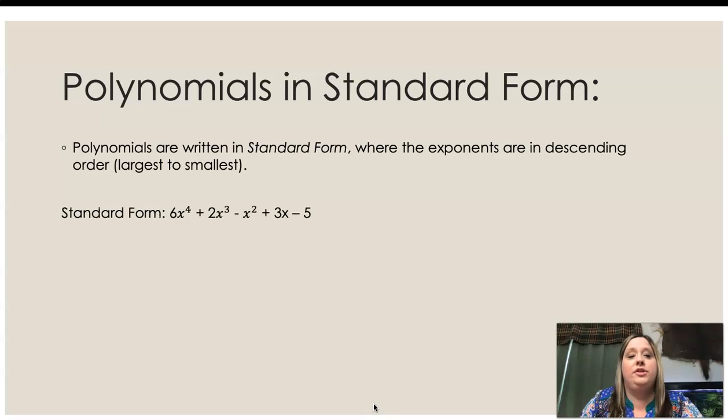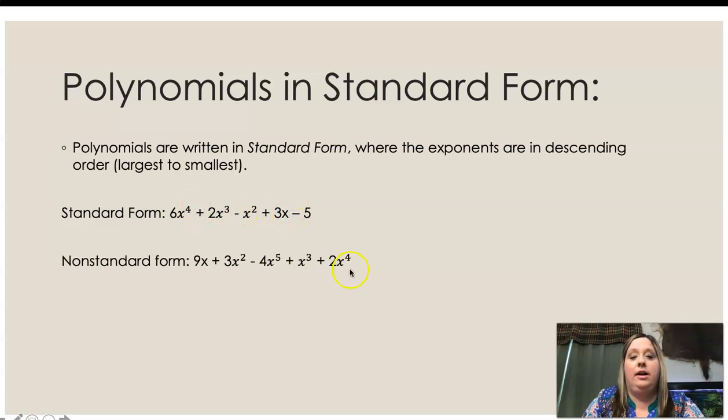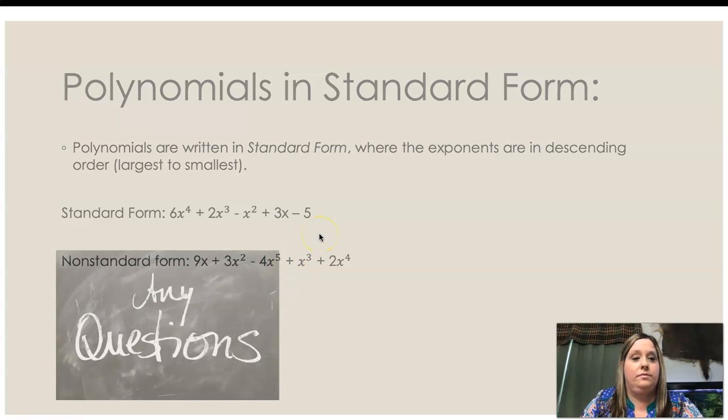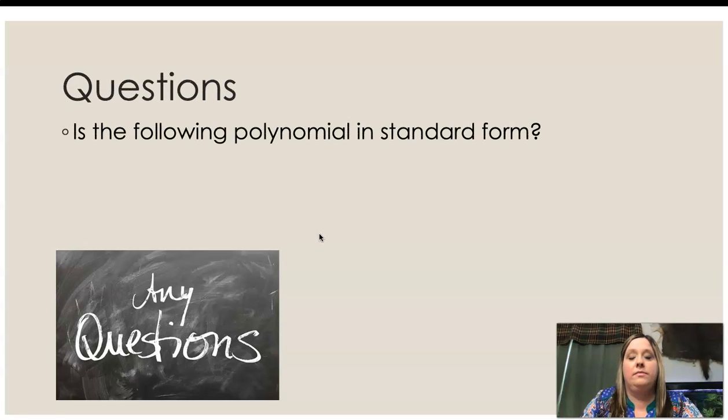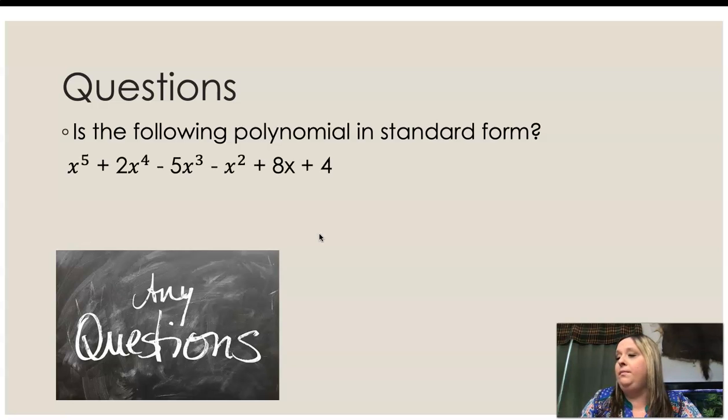So in standard form, we just talked about this. You would go from largest exponent to smallest exponent. And this is not in standard form because our largest exponent is over here. So more questions. So is the following polynomial in standard form? Let's see who we can call on here.